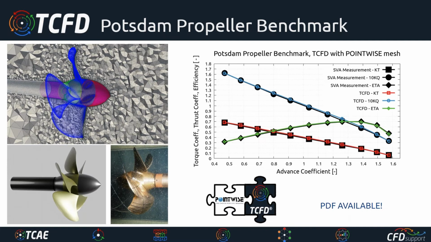The agreement of the simulation results with the measurement results is outstanding. In fact, we couldn't wish for it any better. And again, the details of this benchmark are available in the public report in PDF, and also the test case is available, so anyone can run the simulation and check it himself.